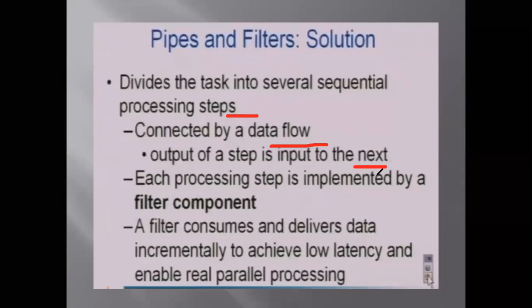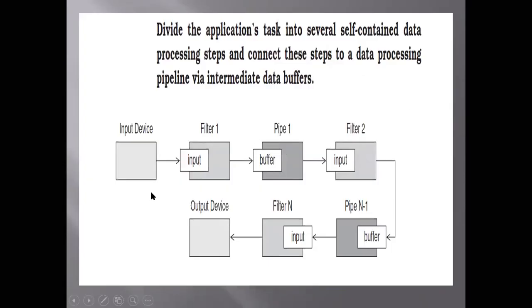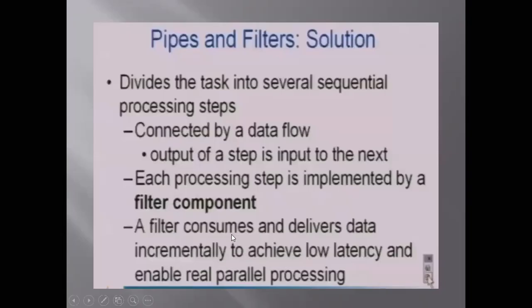You can see from the figure how the input device provides the data to the filter, and how the processed data from filter 1 is the input to filter 2. Likewise, the data will be processed sequentially, depending on the situation and how many filters there will be.